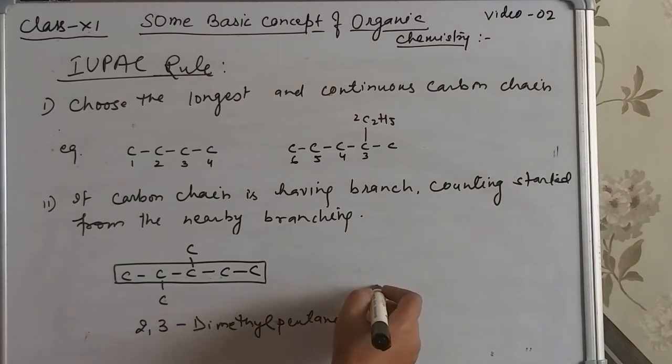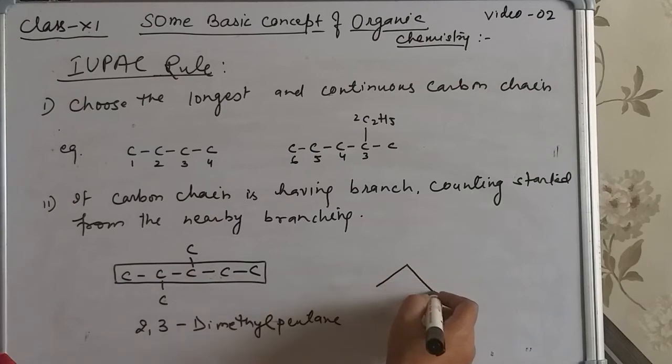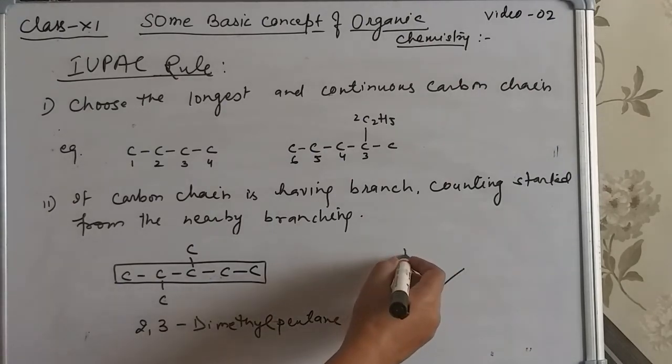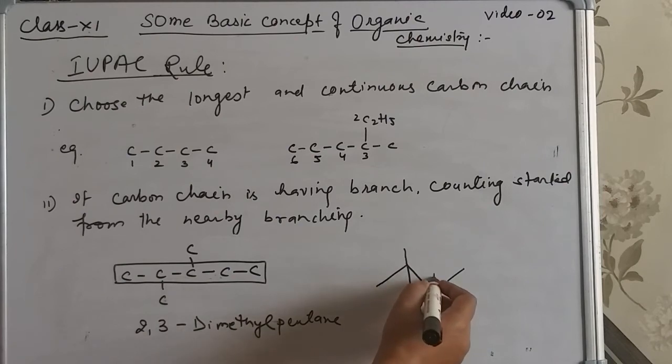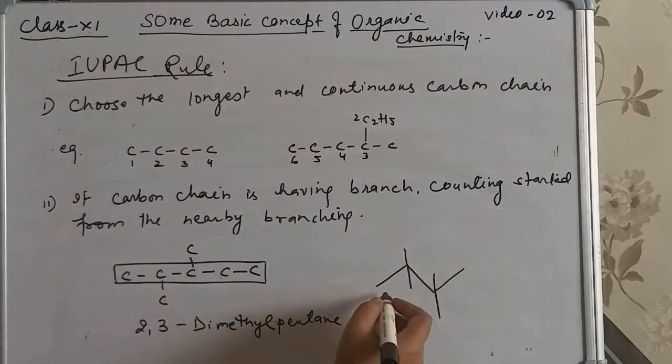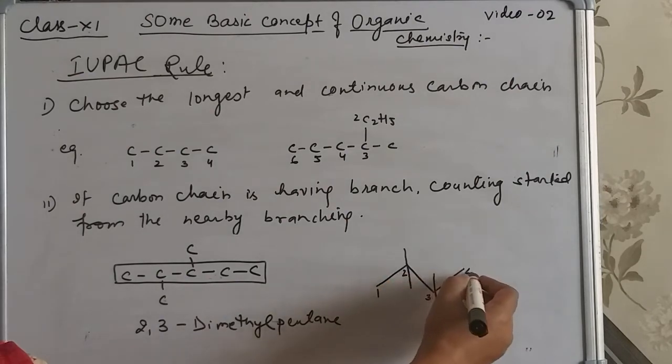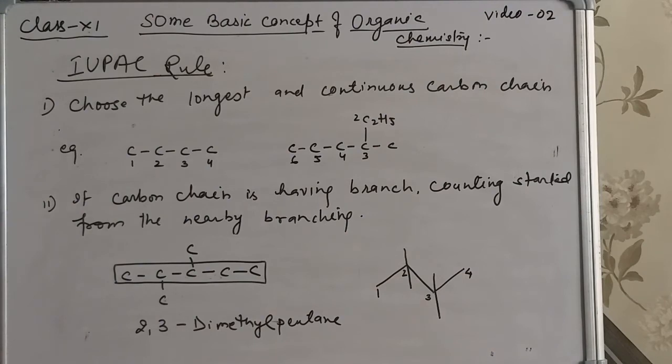Suppose one branching comes here and one branching comes here. So count 1, position 2, position 3, position 4. So what will be the name of this particular compound?